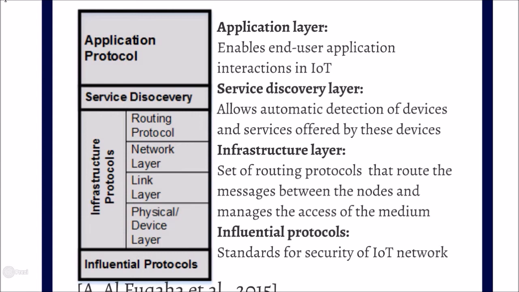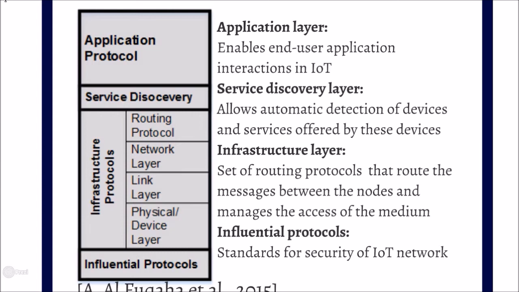So this layer is very abstract and does not deal with, for example, actual data bytes. Then we have the services discovery layer. This layer allows automatic detection of devices or services that are offered by these devices. So you can compare this to, for example, DNS that translates a website name to an IP address.